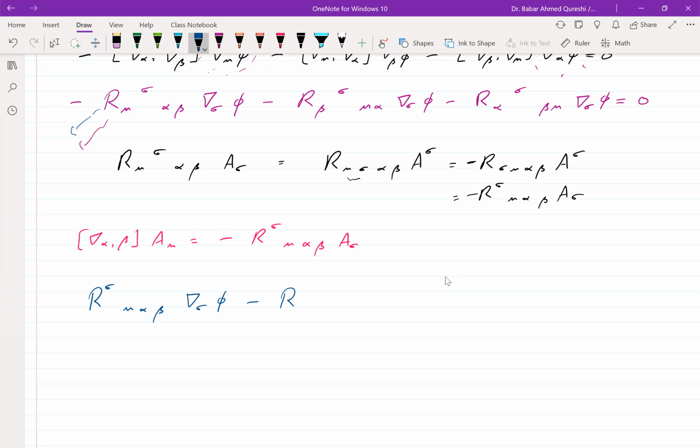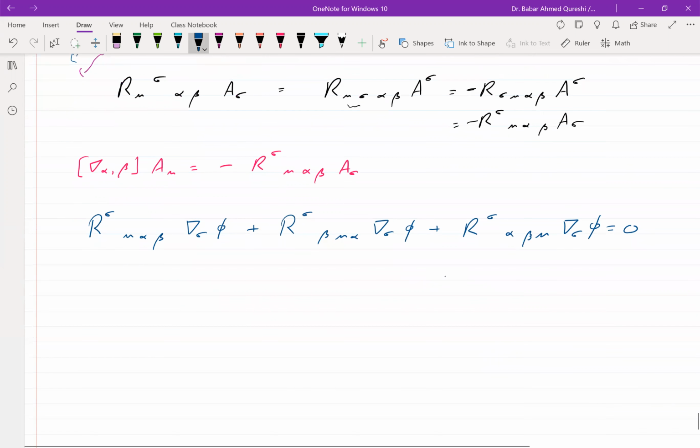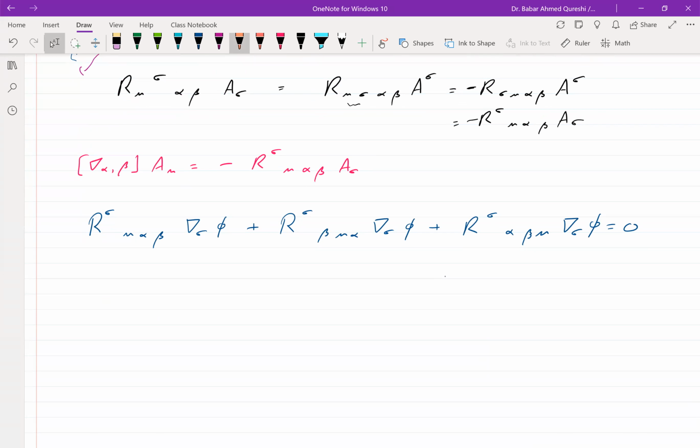Minus sigma beta plus, because all the signs are now flipping. This is my equation.